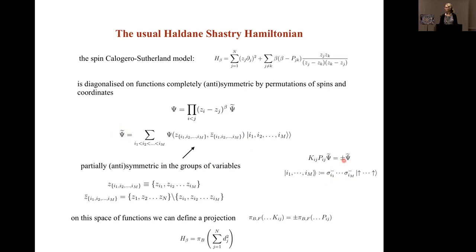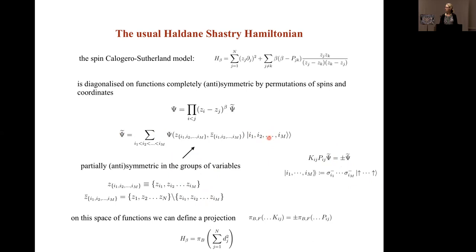So you can choose one of these signs here. I will mainly choose the plus sign in the talk, but just bear in mind that the minus sign is also possible.